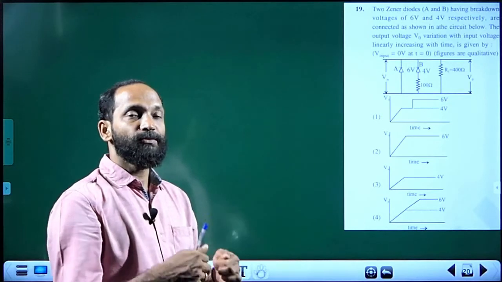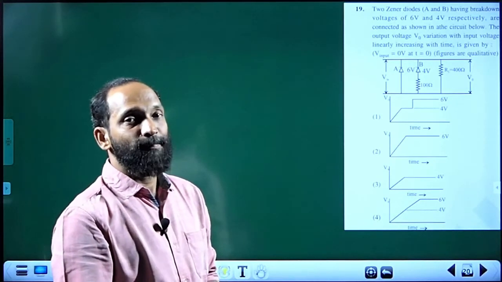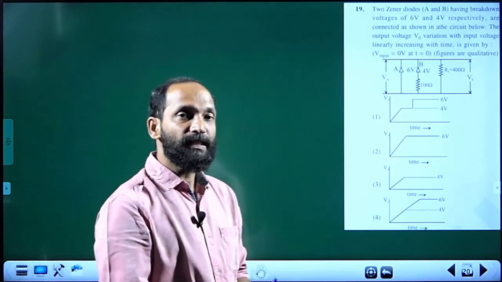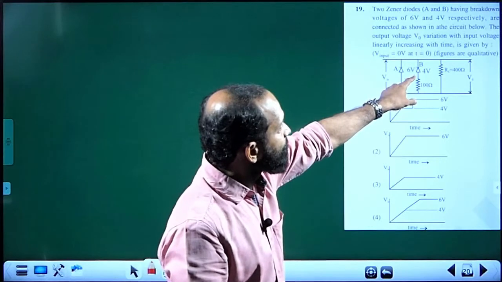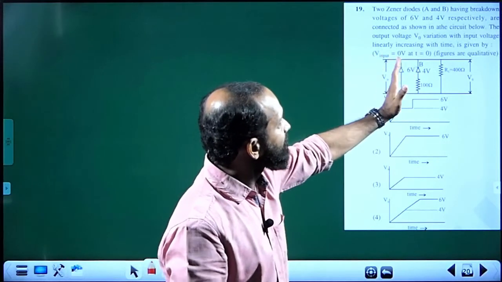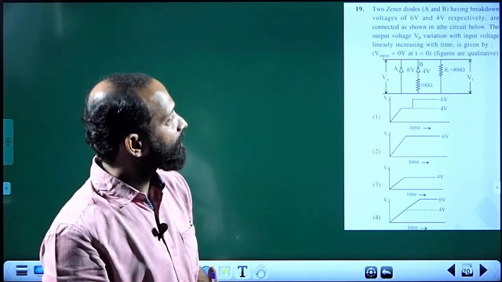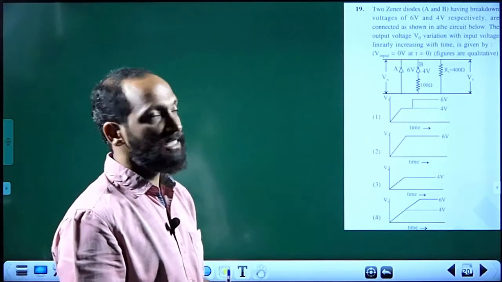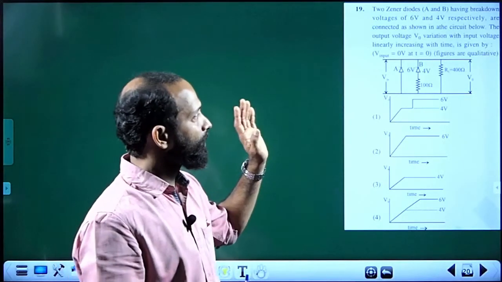The regulated voltage is available only when the applied voltage is greater than the Zener voltage. Here this combination consists of two Zener diodes which are reverse biased together, it should be reverse bias for acting as a regulator. Anyway, that biasing or polarities are not shown.